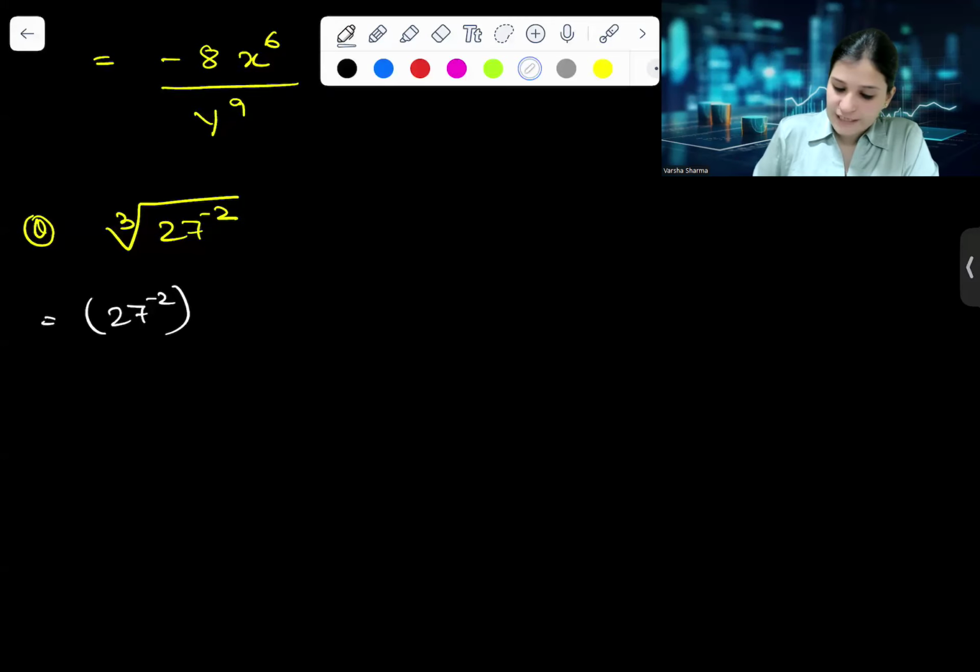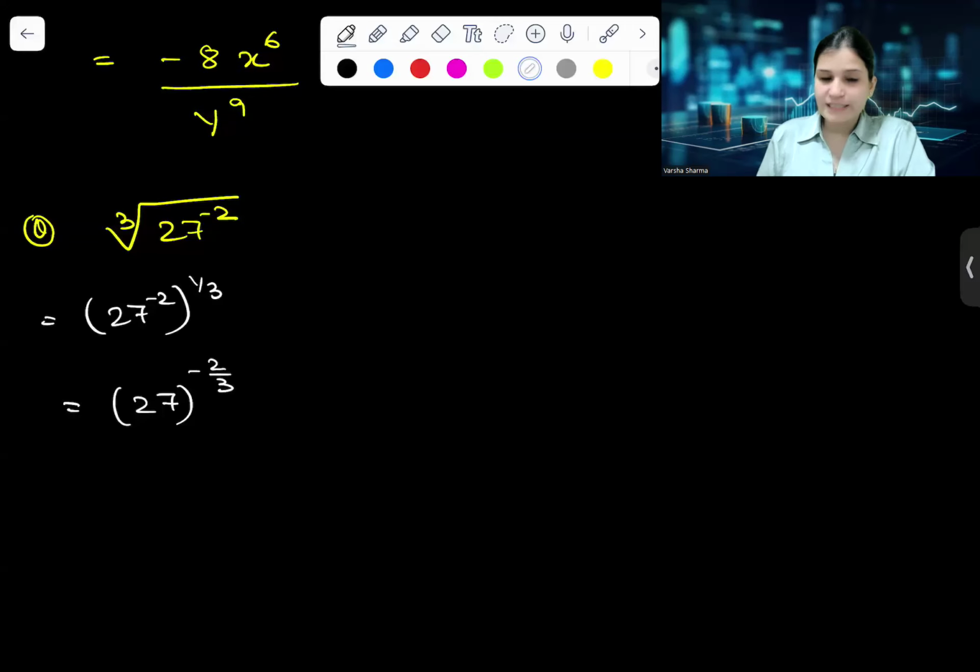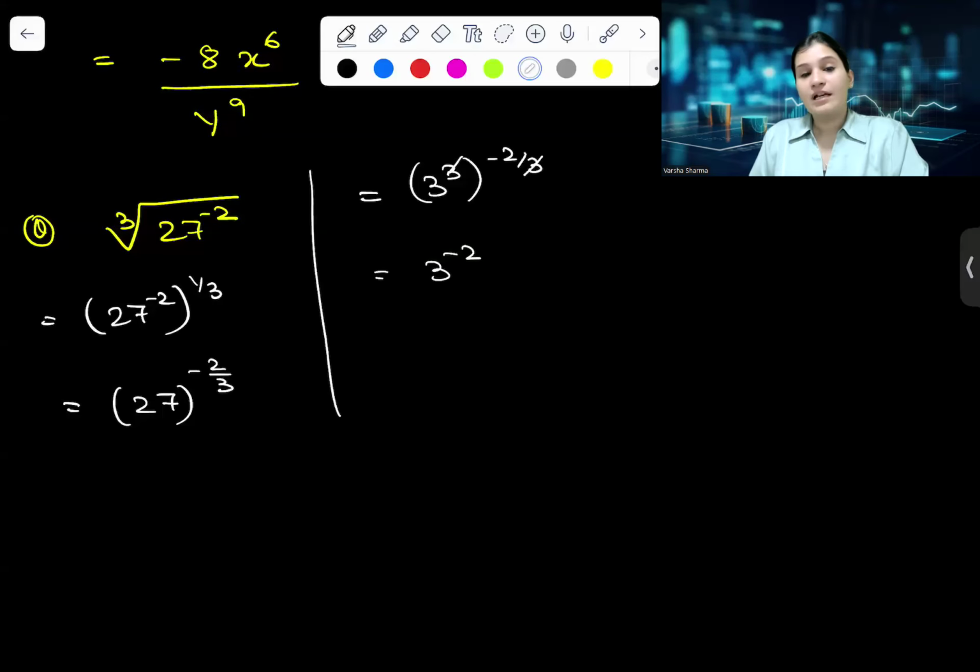When we remove the root over, it gets reciprocal. So -2 and 1 by 3 gets multiplied to give me -2 by 3. Now, 27 can be written as 3 cube. They are all in the same floor, so 3 and 3 gets multiplied. I'm left with 3 power -2. I can't have negative power. So what will I do? I'll bring it to the denominator. So the power will become positive. Numerator, I can write 1. So answer is 1 upon 9.